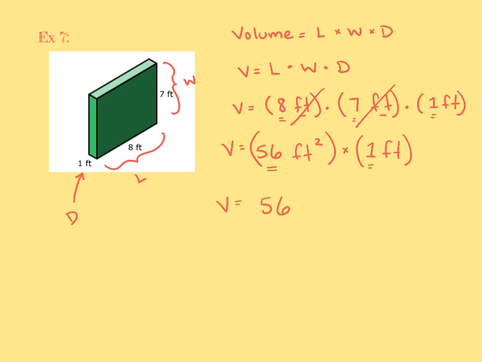Easy. But feet squared times 1 foot, that's going to be feet to the third power, or cubed. So you should have gotten this for an answer. And if you did, congratulations. Give yourself a pat on the shoulder. Excellent job.